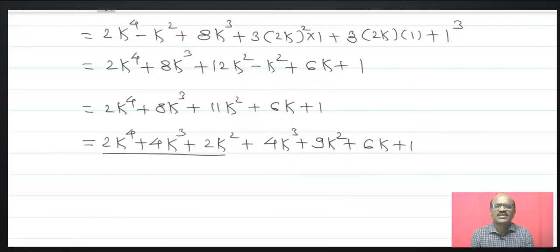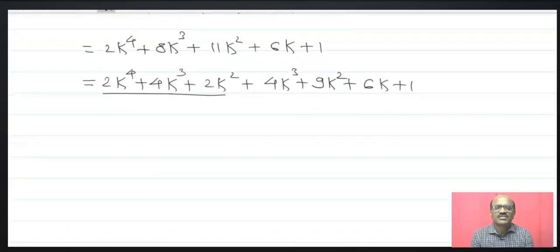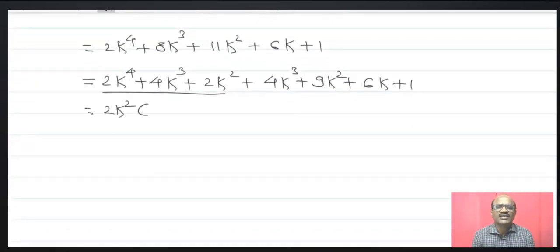Therefore now take the common from these, that is take 2k square as a common, then in bracket k square plus 2k plus 1.